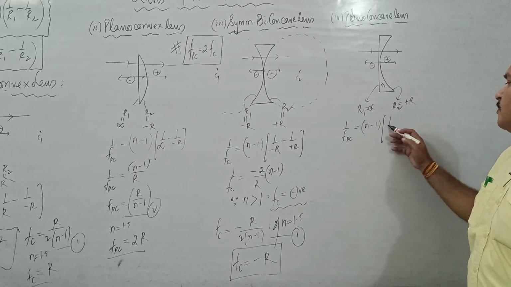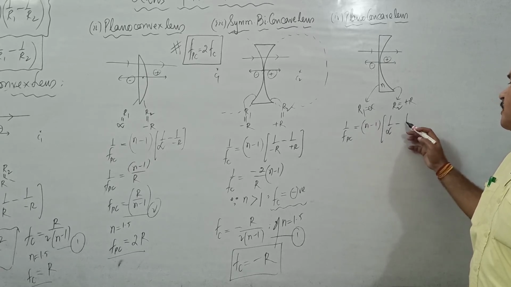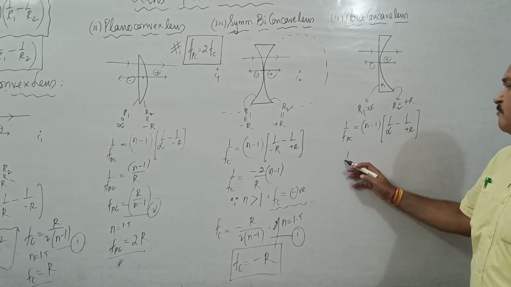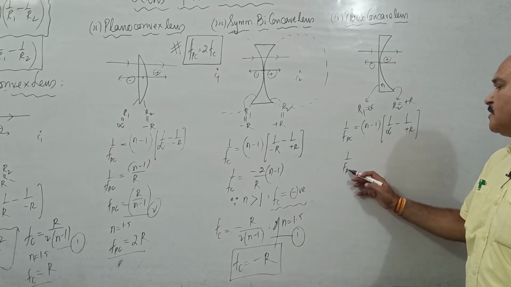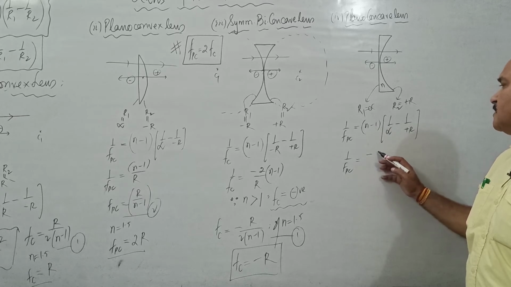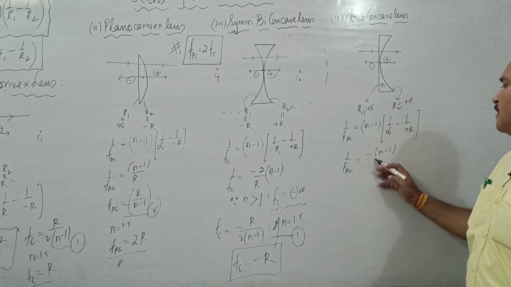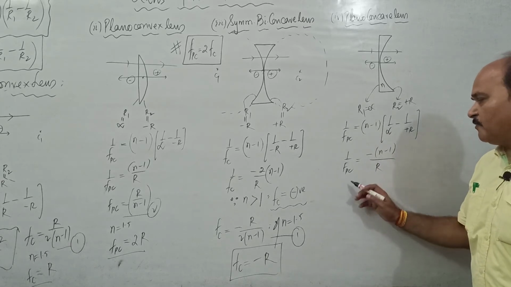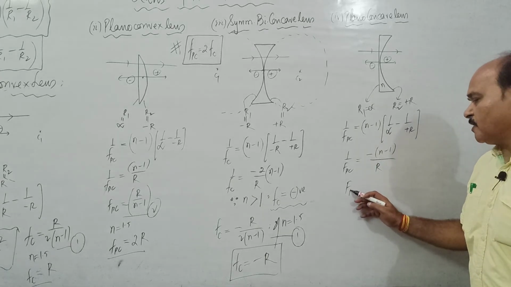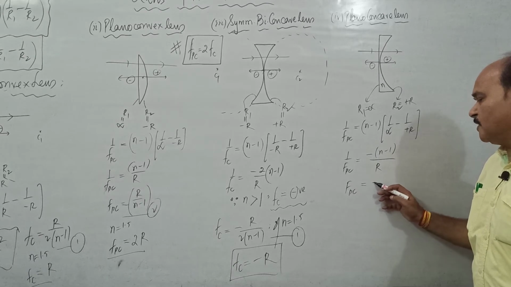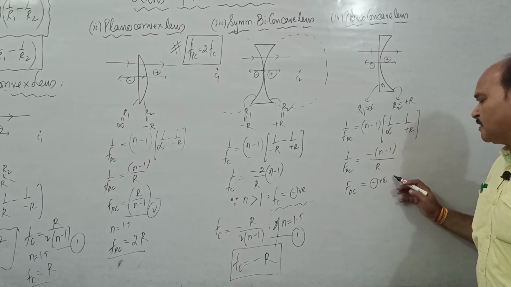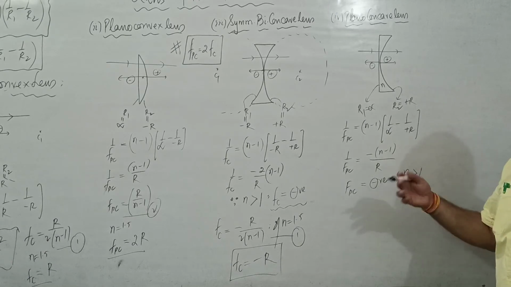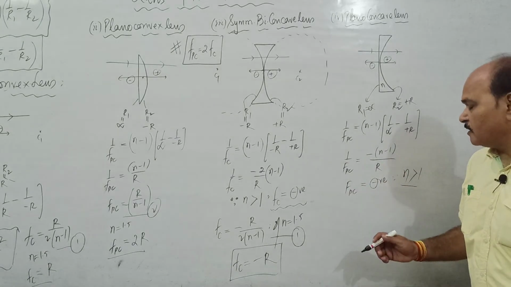So focal length of plano-concave lens is n minus 1 times 1 upon R1, which is infinite, minus 1 upon R2, which is plus R. So minus plus is what? Minus. 1 upon focal length of plano-concave lens is minus n minus 1 upon R. Again you can see, since n is greater than 1, the focal length of plano-concave lens is of course negative, simply because the absolute refractive index n is always greater than 1.